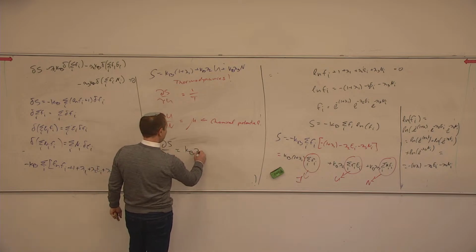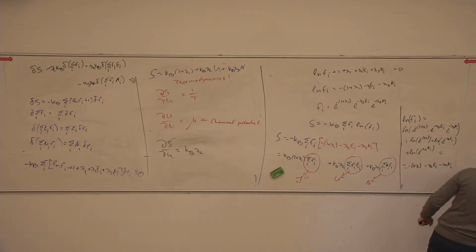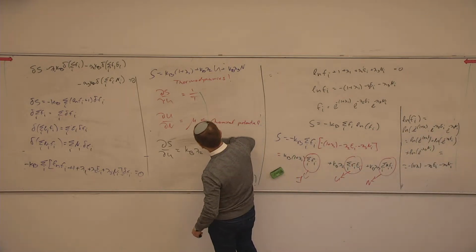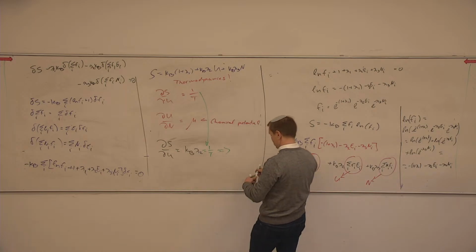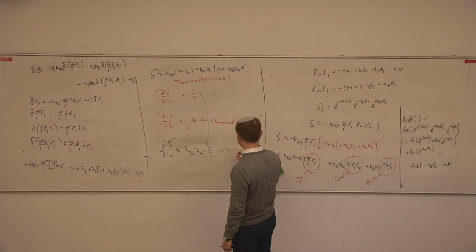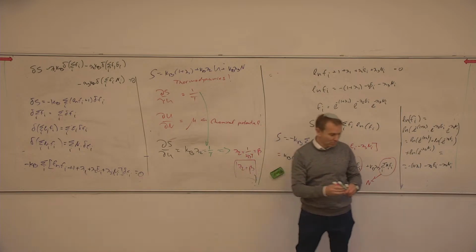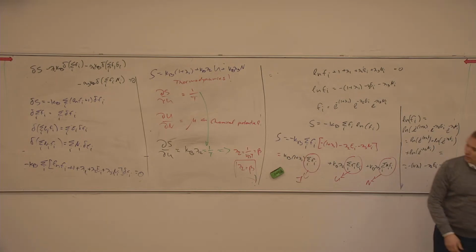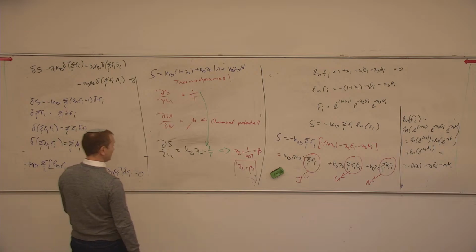And we know from over here that it equals 1 over T. Therefore, lambda 2 equals 1 over K Boltzmann T, which is just beta. Lambda 2 equals beta. Nice result. Okay. Let's substitute it inside this guy.